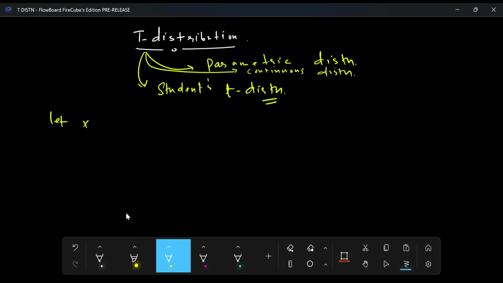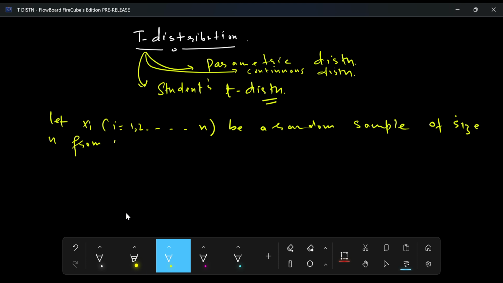So, what is this T distribution? Let xi, i equal to 1 up to n, be a random sample of size n from a normal population with mean mu and variance sigma square.